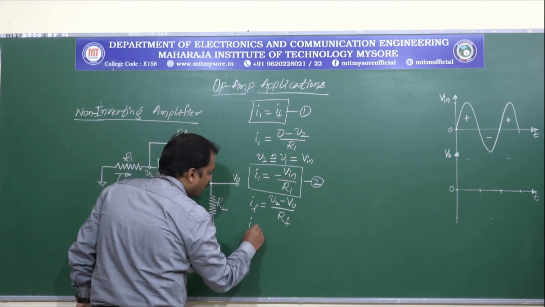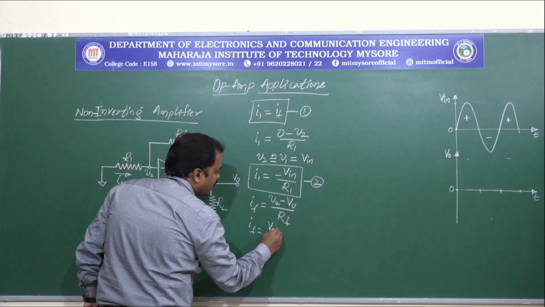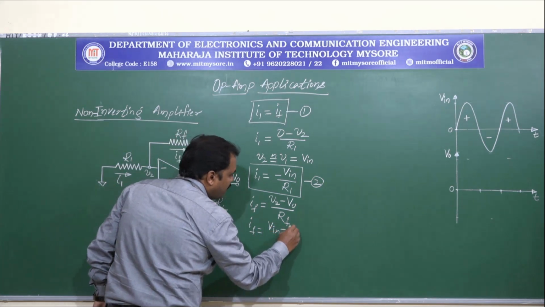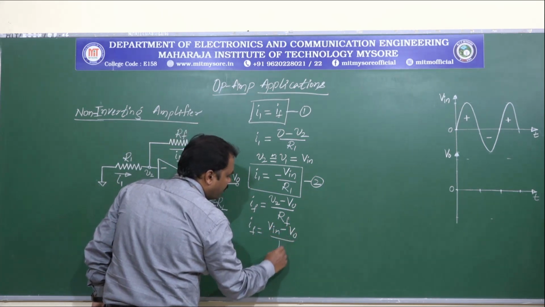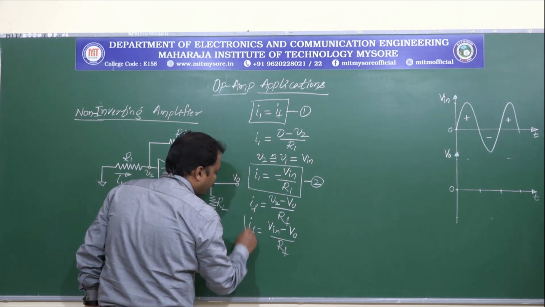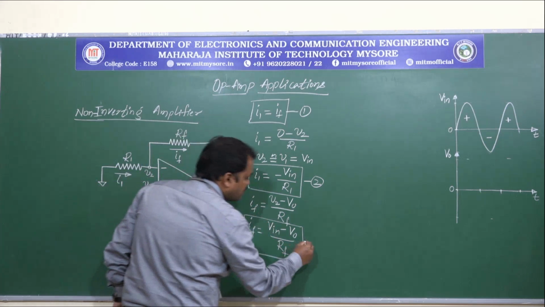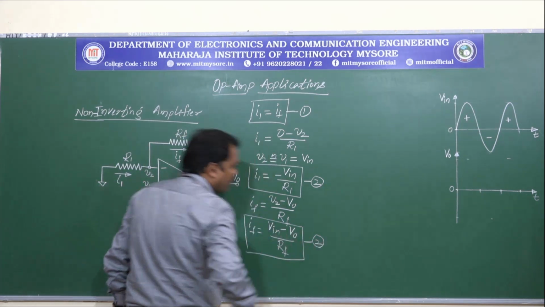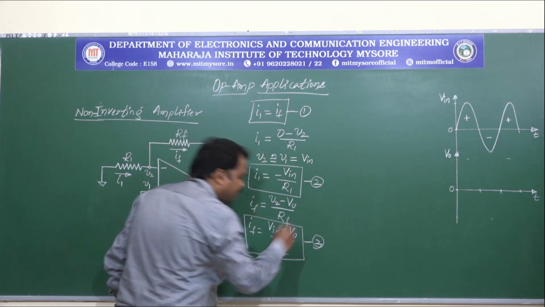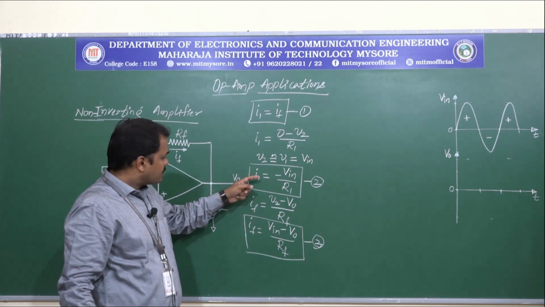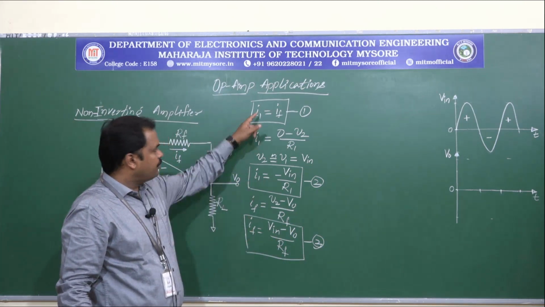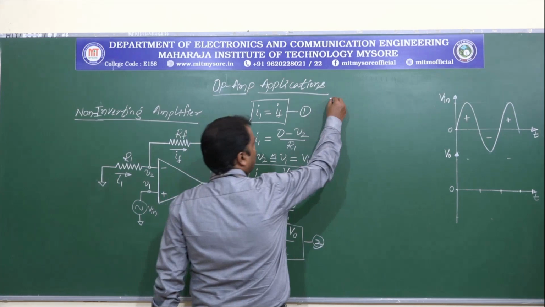So IF can be written as Vin minus V0 divided by RF. So let us consider this as equation 3. Now let us substitute equation 2 and equation 3 in equation 1.